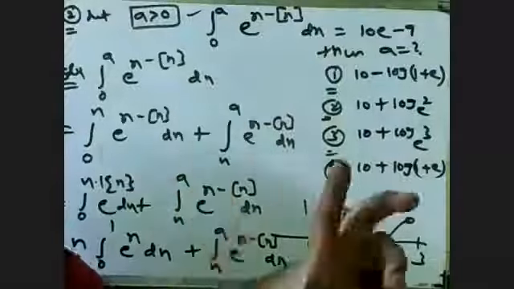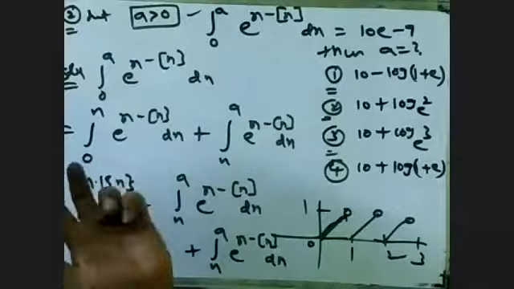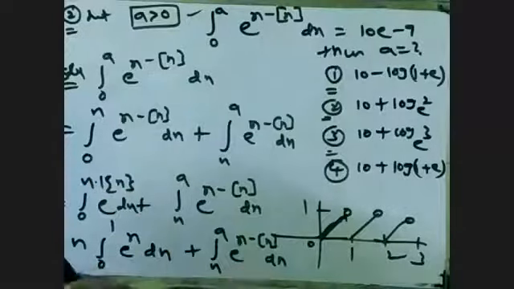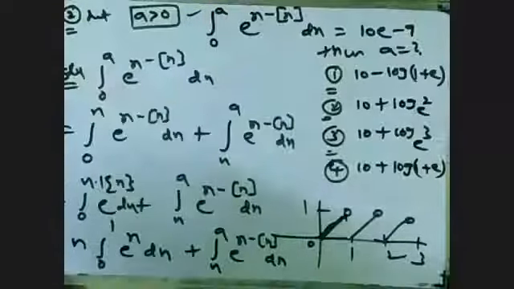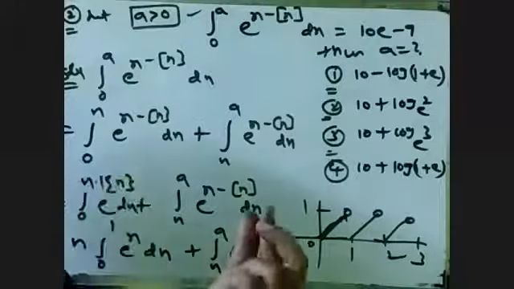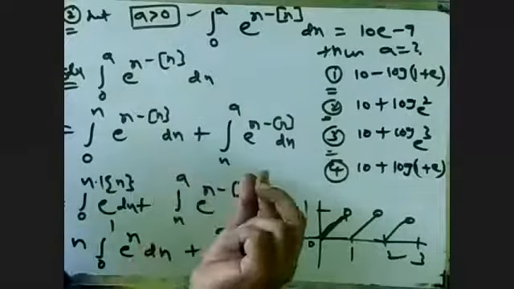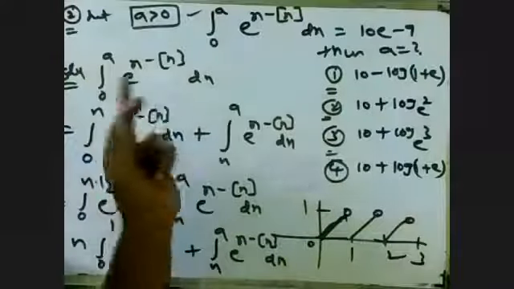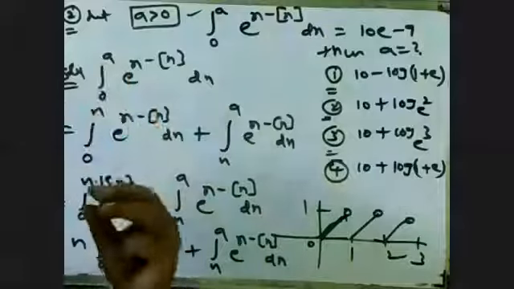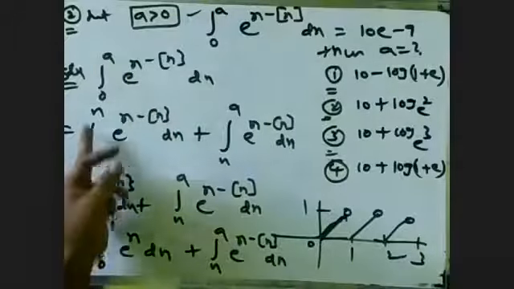If a is an integer, no problem. If a is not an integer, for suppose a is 3.5, you should cross the integer 3. That's why you should take n to be an integer in which a just crosses the integer.